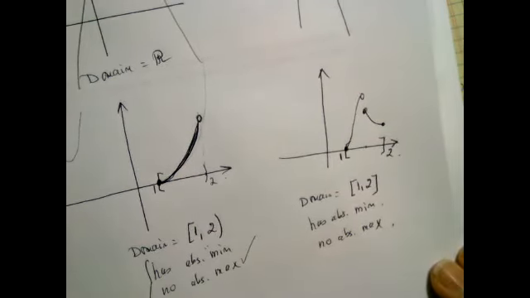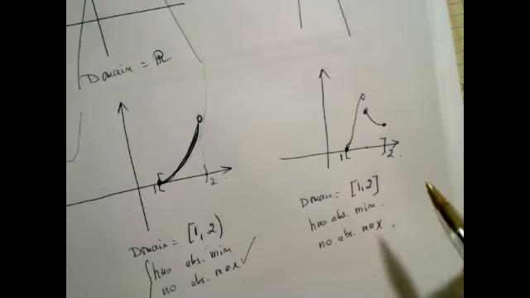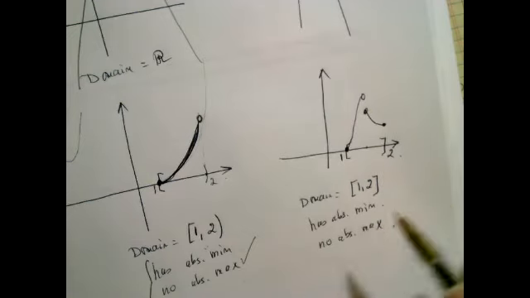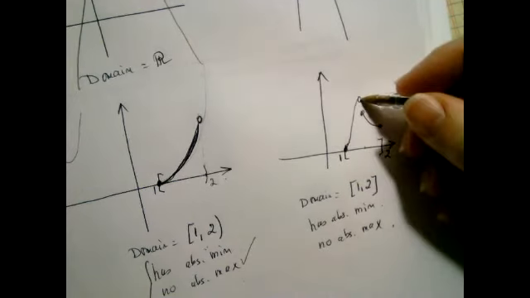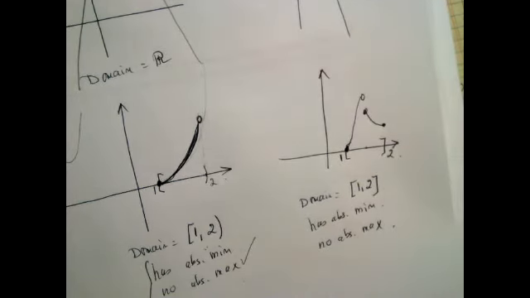That's my function. Is there an absolute minimum? Yeah, at 1. Is there an absolute max in this problem? No, because there is an open hole here. There is no absolute max.